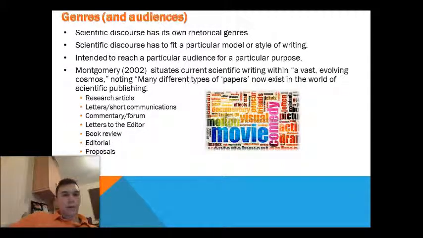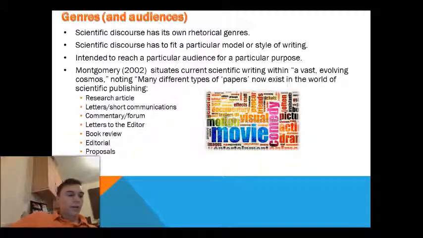Montgomery situates current scientific writings within a vast evolving cosmos, noting many different types of papers now exist in the world of scientific publishing.